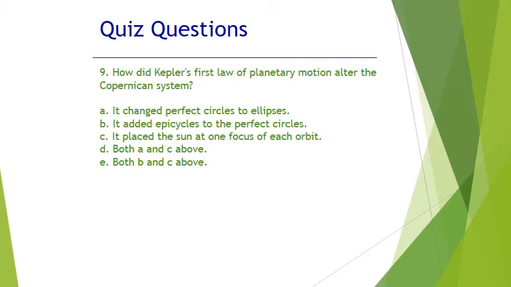So that certainly would be choice A. But one thing that I also didn't mention is that, of course, an ellipse, unlike a circle, has two foci, not only a center. And in Kepler's first law of planetary motion, not only do the planets move in elliptical orbits, but the sun is at one of the foci of the ellipse. He said the sun is at one of the foci of the elliptical orbits of all the planets.